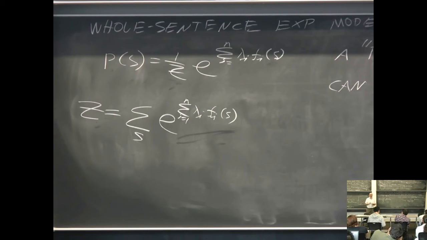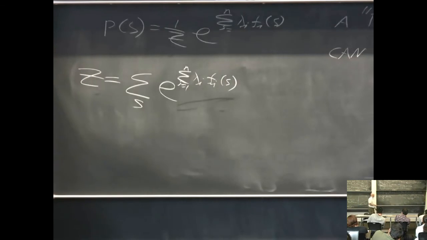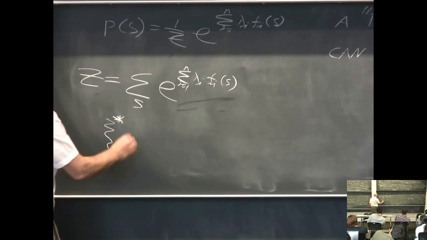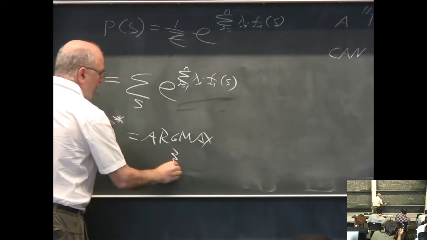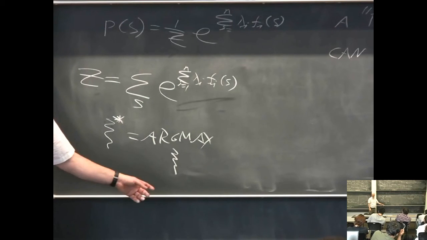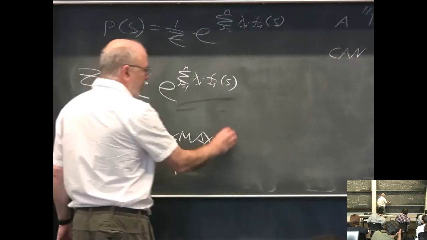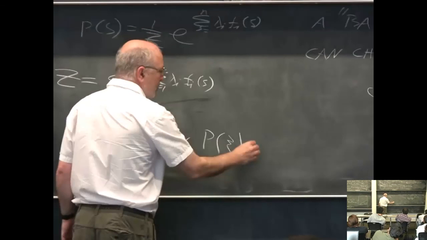If you go back to the Bayes, remember our source channel thing? Whatever thing you have that you're choosing is the argmax over all possible things, the output of the decoder or the new language or whatever it is, of the posterior of that thing given the evidence, given the data.